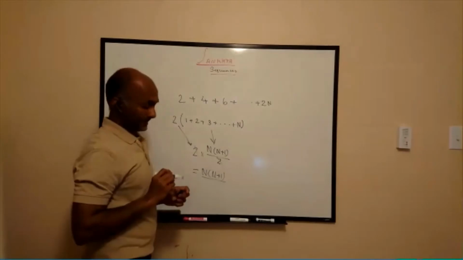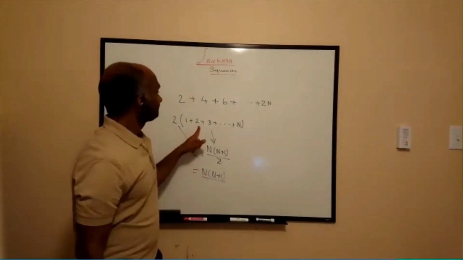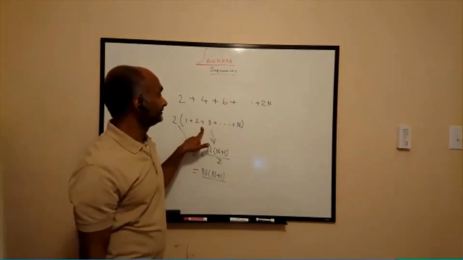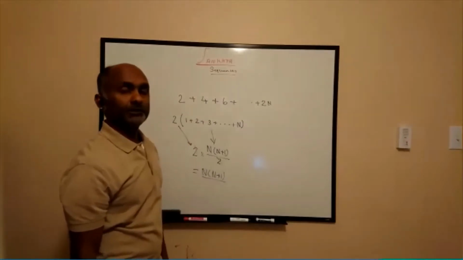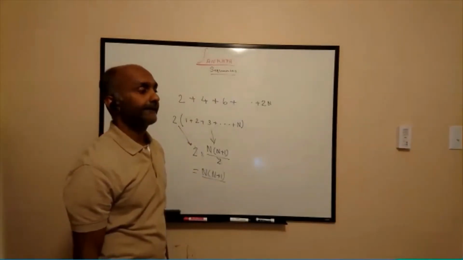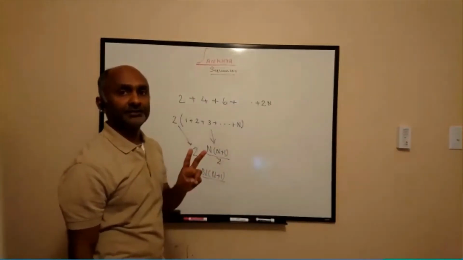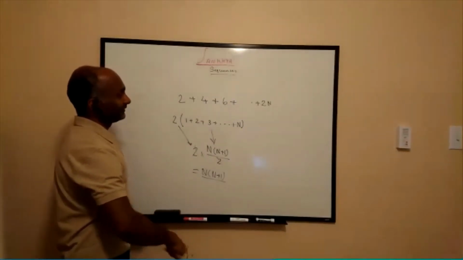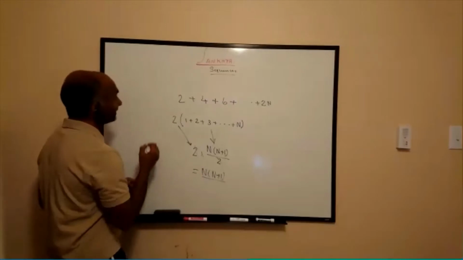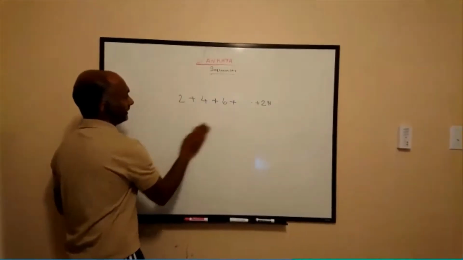Wait, but for 1 plus 2 plus 3 plus everything plus n, how did you get n times n plus 1 divided by 2? Okay. Were you there in the last class? Yes. Okay. So what did we learn in the last class? We learned about two sequences.